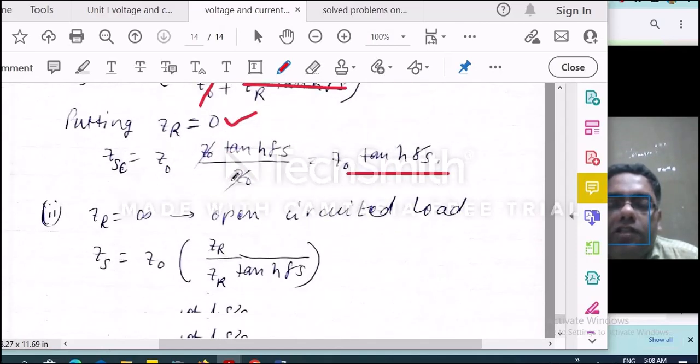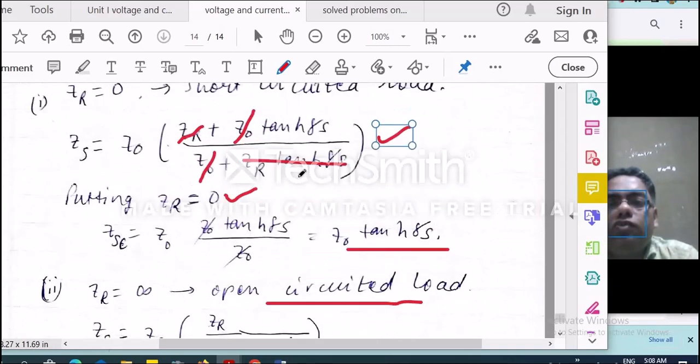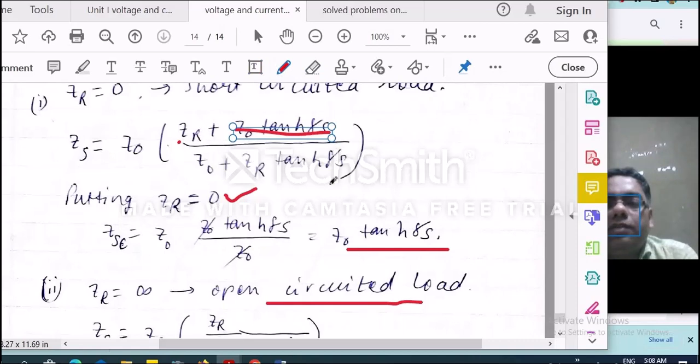Another special case is ZR infinite, that is an open circuited load. ZR is very high, so we can neglect this term, and similarly in the denominator the ZR term is very high, so we can neglect this term.